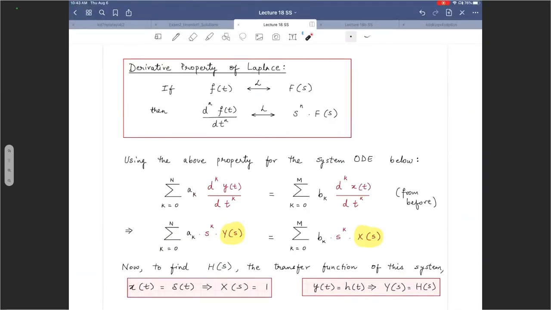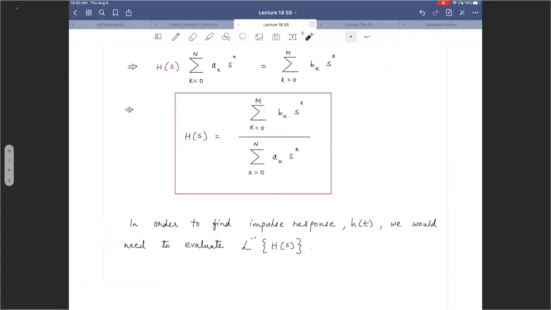So if the output is the impulse response, Y of s can be denoted by capital H of s. Instead of Y of s, I'm going to substitute H of s here, and instead of X of s, I'm going to substitute a 1. What do I get?